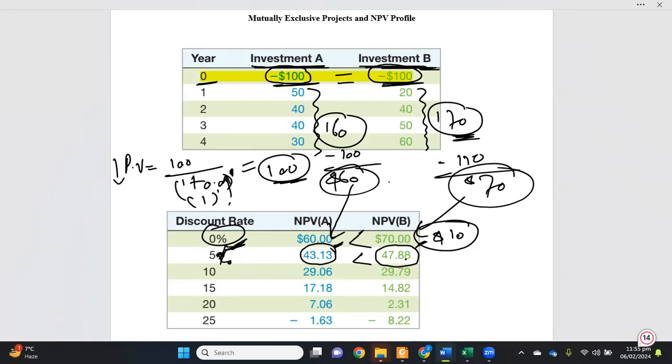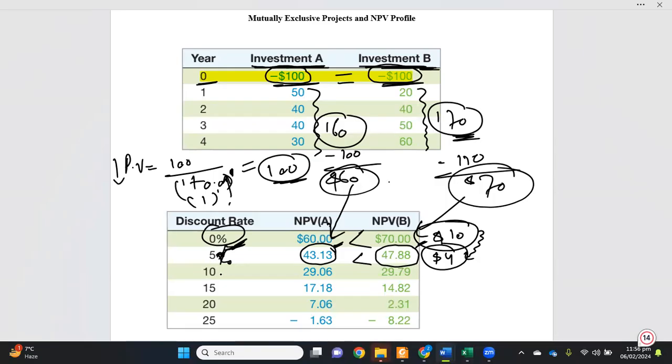But if we look at the difference, previously at 0%, the difference between NPV of A and B was $10. Right now, at a 5% discount rate, if we ignore the decimals, the difference is around $4. So the difference has reduced from $10 to $4.